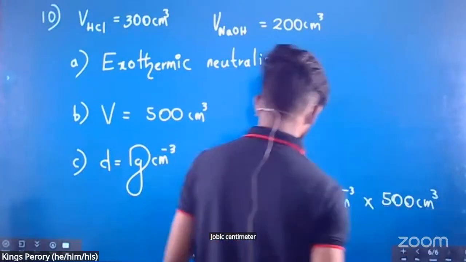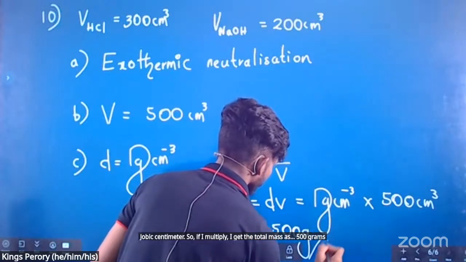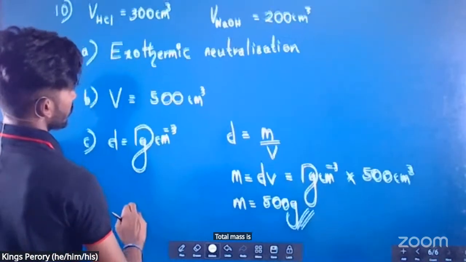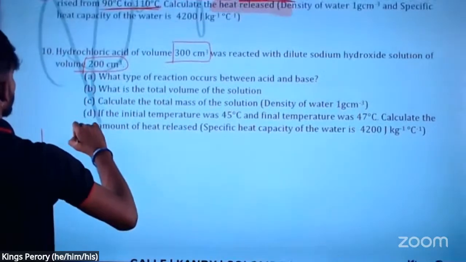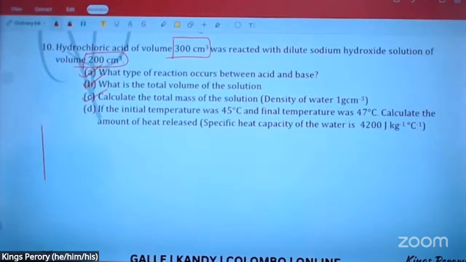So if I multiply, I get the total mass as 500 grams. These questions work with me itself. A done, B done, C done.